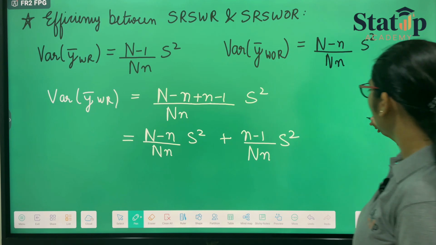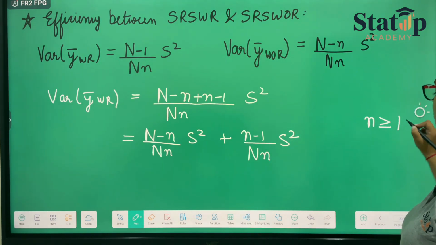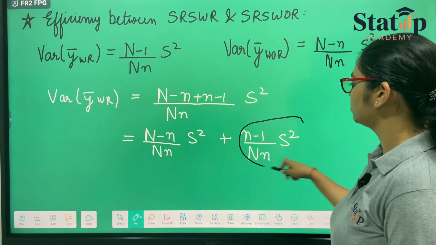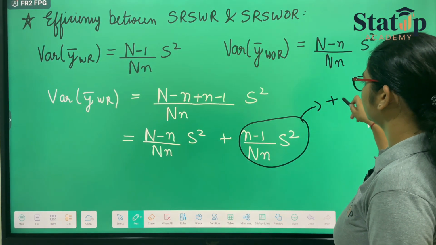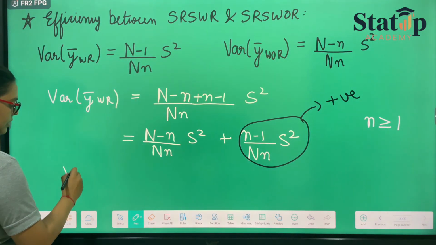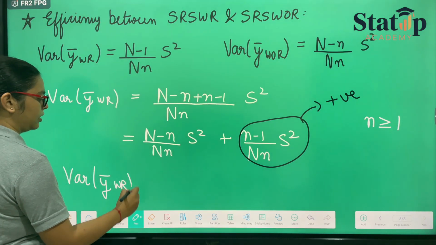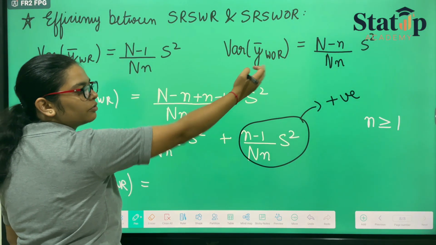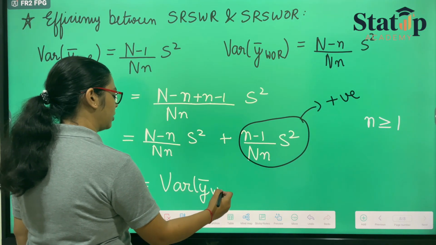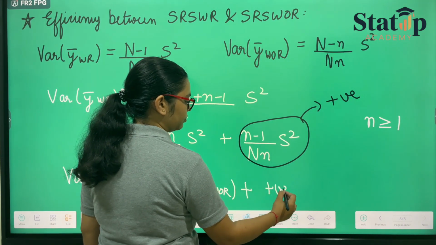We all know that small n is always greater than or equal to 1, so this whole term will be either positive or 0. So this states that variance of y bar with replacement is variance of y bar without replacement plus a positive value.